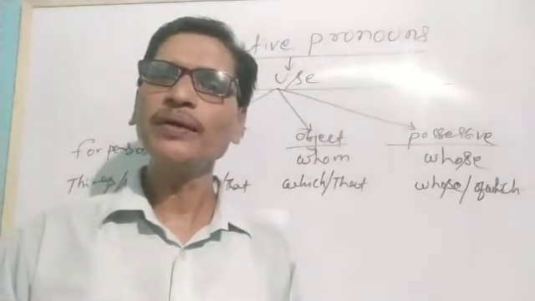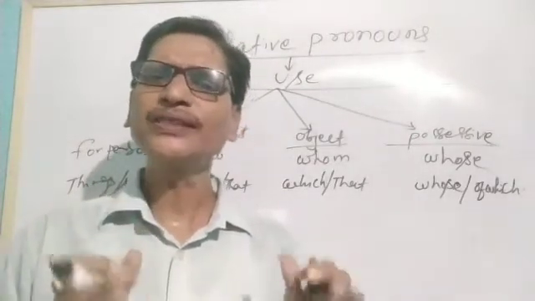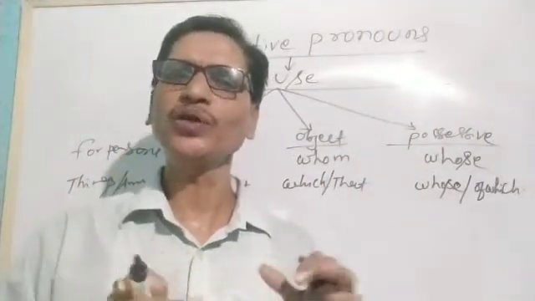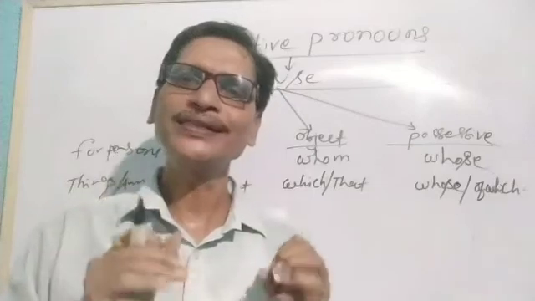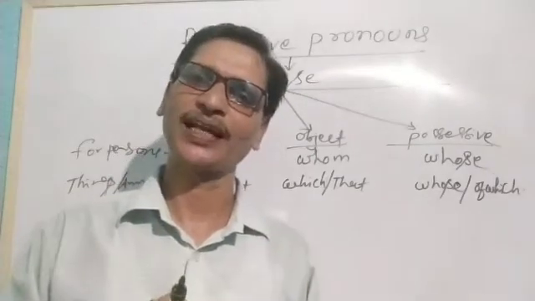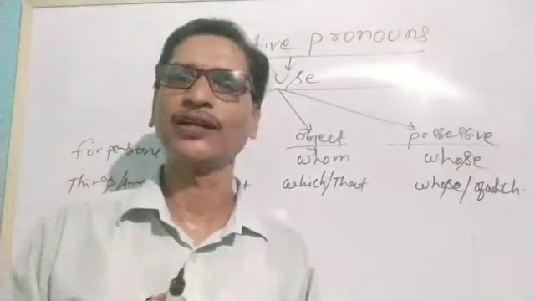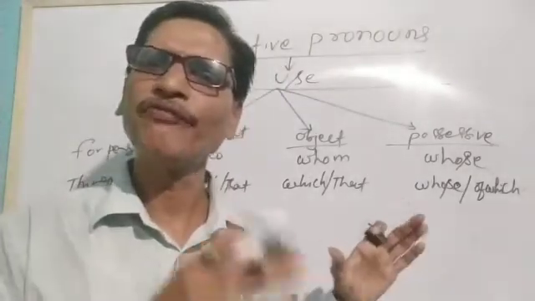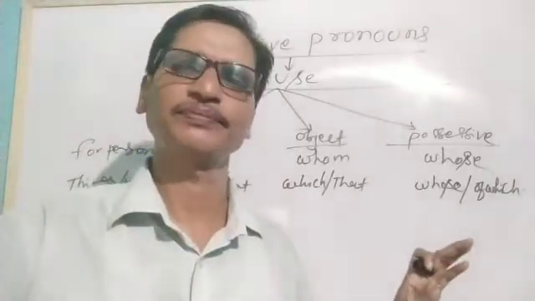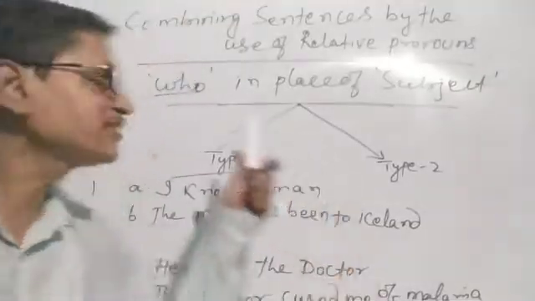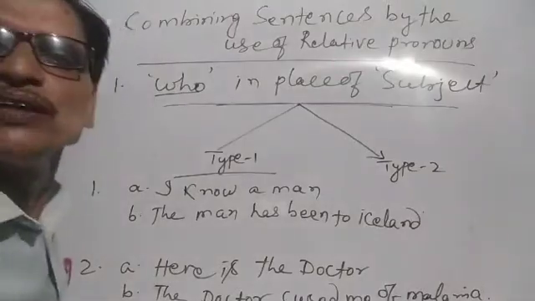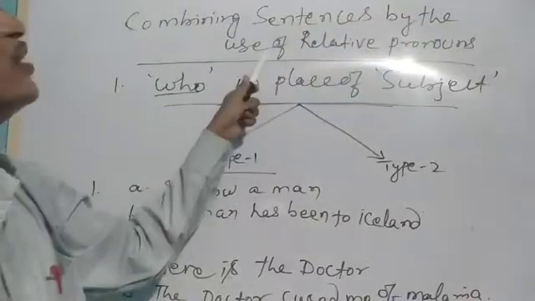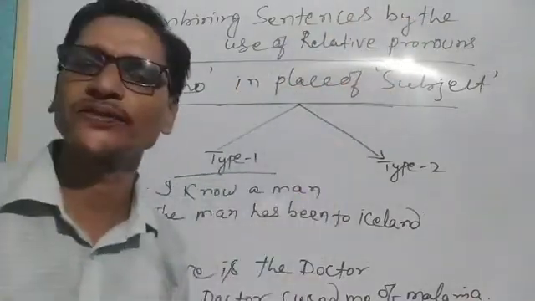And today we will understand how these who and whom are used. First we will discuss how who is used as a subject, when we are talking about persons. Let me write an example from where we can better understand. Here you see, the topic today is combining sentences by the use of relative pronouns.